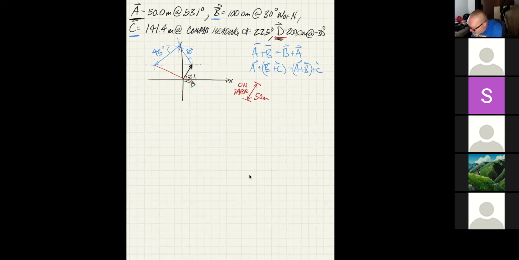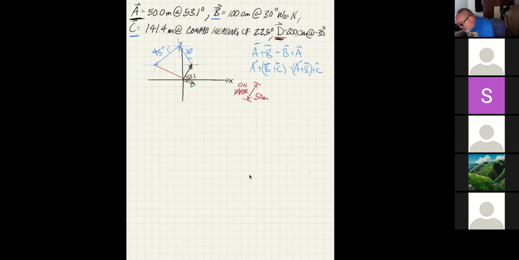What we're going to do is realize that vector A has an x component and a y component, and I'm going to treat positive components as if they're green and negative components as if they're red.